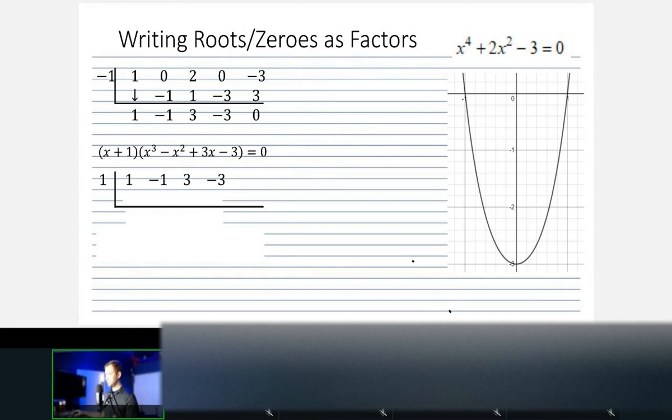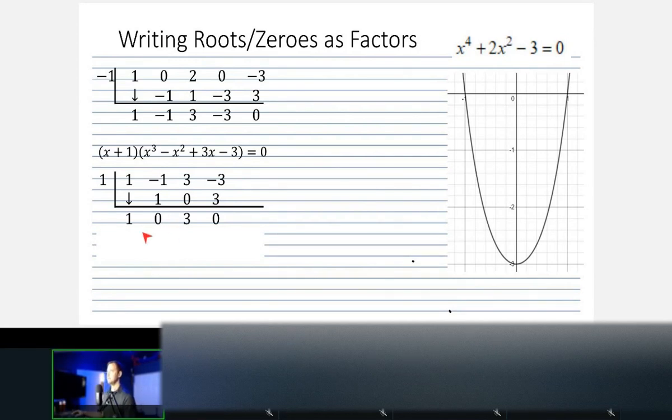All right, so everyone quickly do that and let me know, does it work? And how do we know it works? Remainder 0. Yeah, the remainder is 0. So again, I won't bore you with the details because we all should be pros at synthetic division, synthetic substitution by now, right?